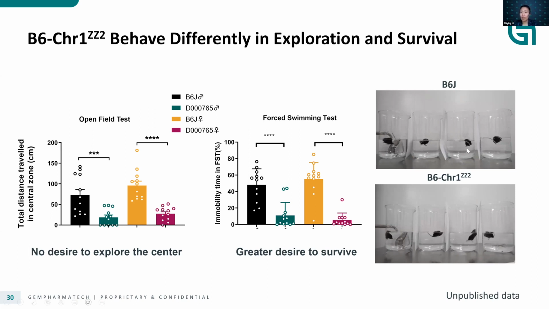And then on the right side is very straightforward, as you can tell. These are videos. There's the B6 mice. Occasionally they will wiggle around, maybe trying to find their way out, but they gave up. That's very obvious. But as you can see, the ZZ2 continue to try.